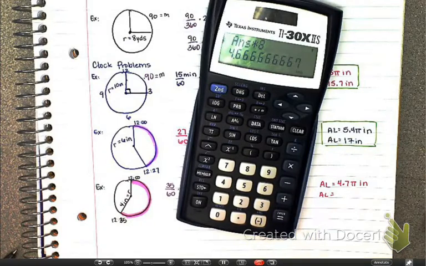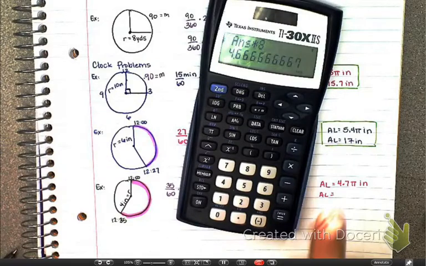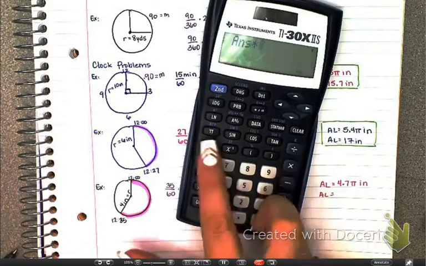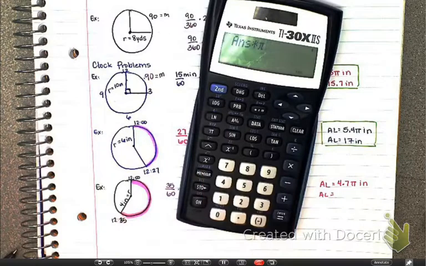Now, if you clear your calculator and you do 4.7 times pi, that's probably where you're getting 14.8. If I just go from here and say times pi, my answer is going to be 14.7. So I will take either one. If you put 14.7 or you put 14.8, I know what the difference is. If your decimal's way off from mine, then I know you did it wrong.